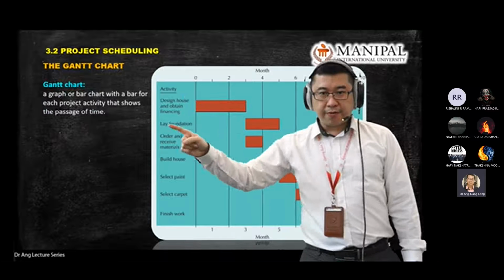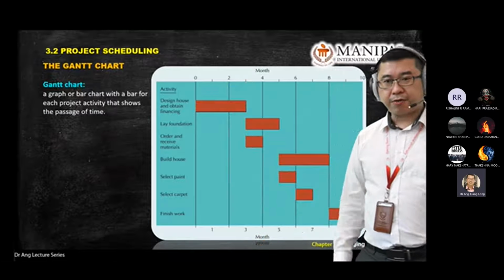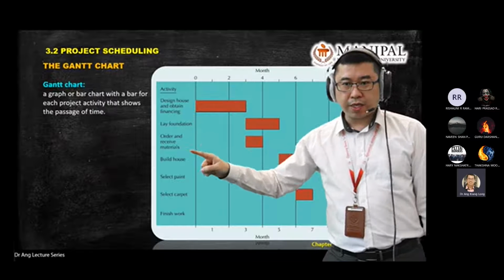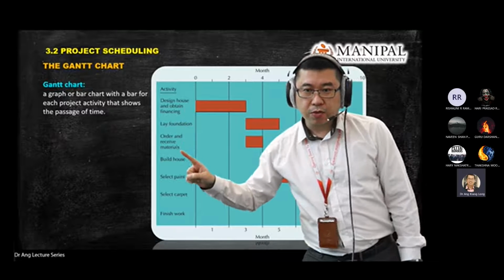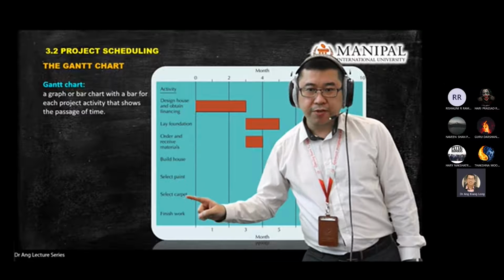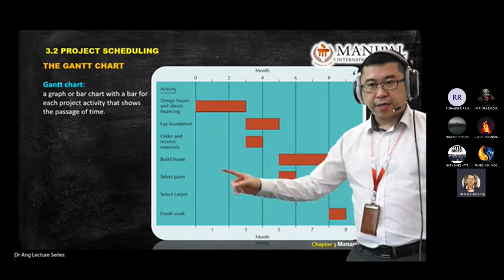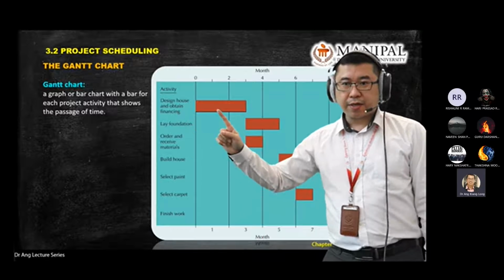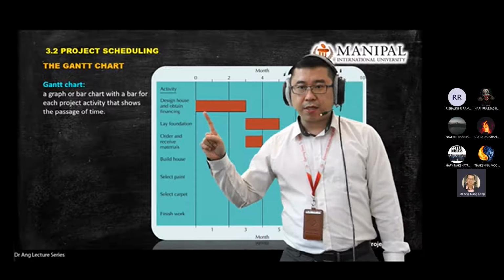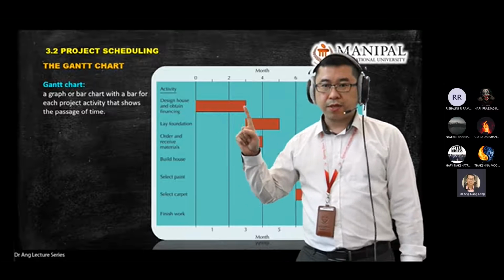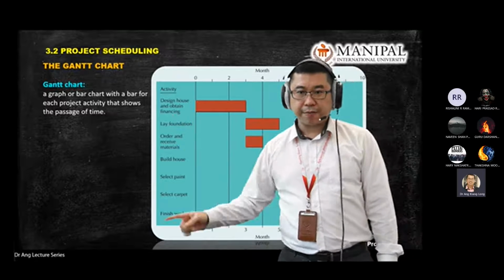So this is a Gantt chart for building a house. Building a house, you have 1, 2, 3, 4, 5, 6, 7. You have 7 activities there. So activity 1 requires 0 to 3, so it requires 3 months to complete the first activity.